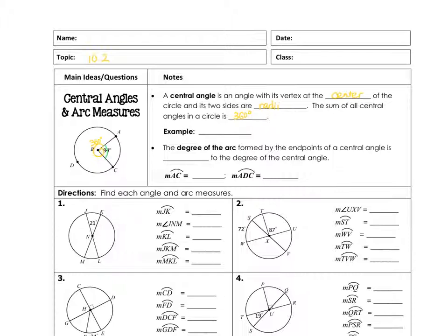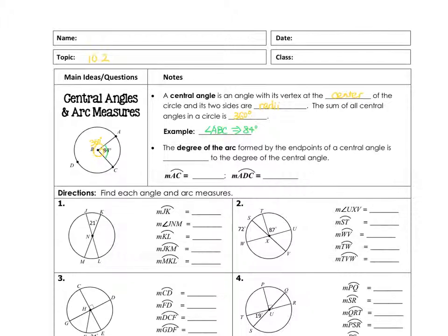Okay, so in this example, angle ABC is my central angle, and its measurement is 84 degrees. The degree of the arc formed by the endpoints of a central angle is equal to the degree of the central angle.